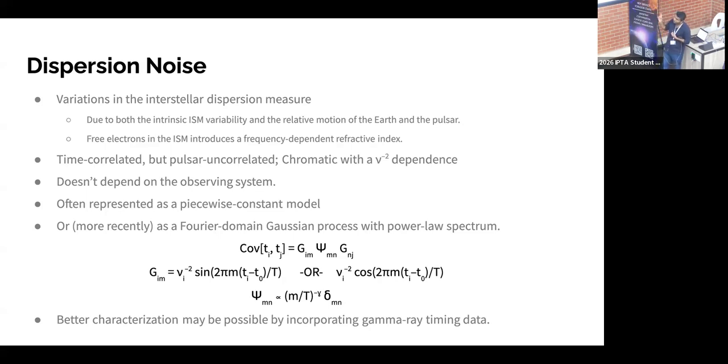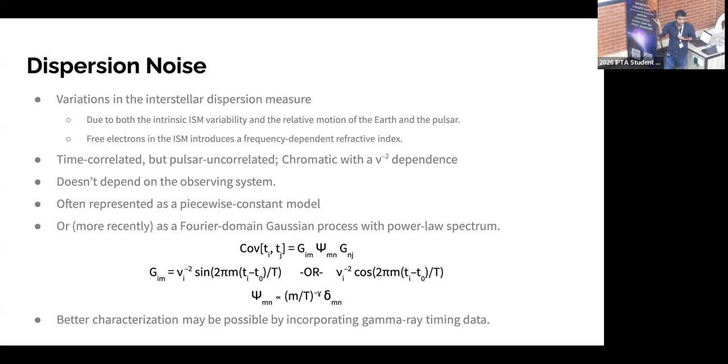So this is time correlated, but pulsar uncorrelated, because pulsars are located at different parts of the sky, and different parts of the interstellar medium don't really talk to each other. And it is chromatic with a nu to the -2 dependence, where nu is the observing frequency.